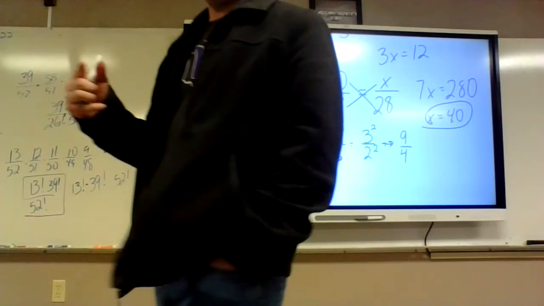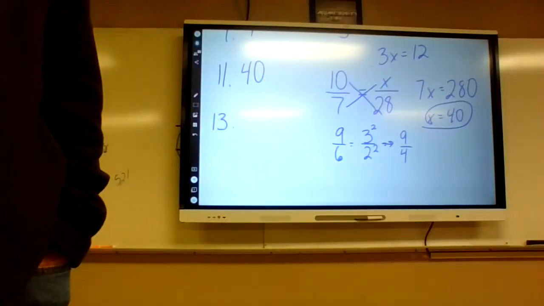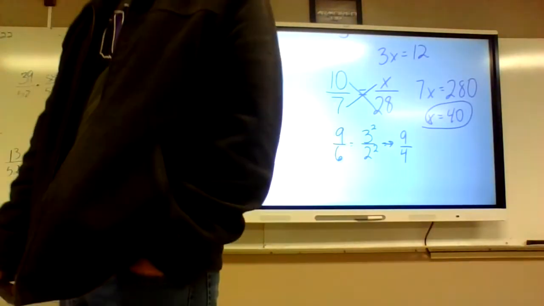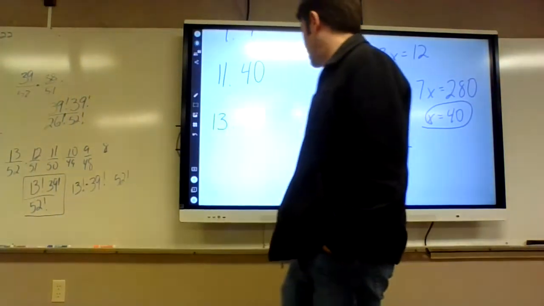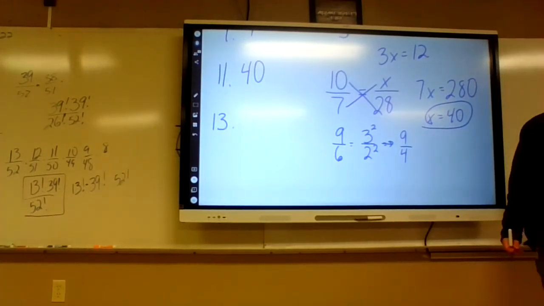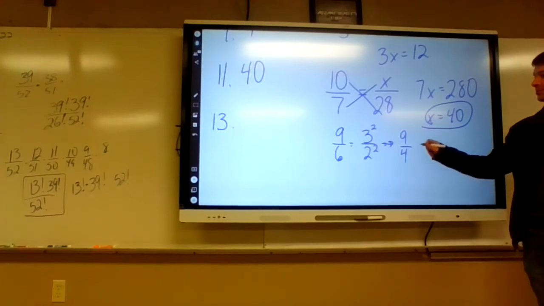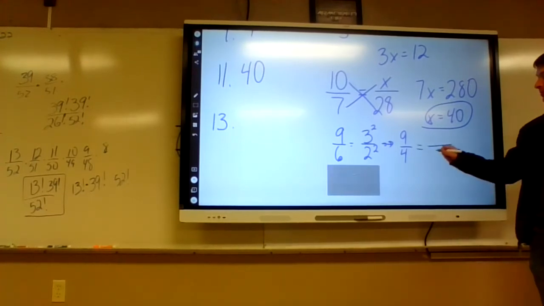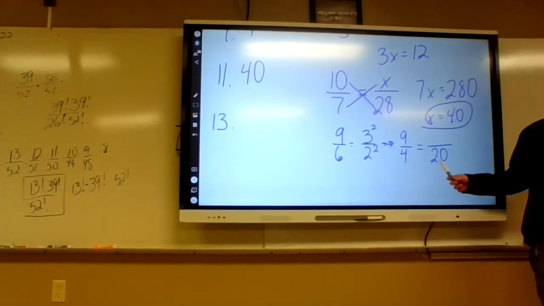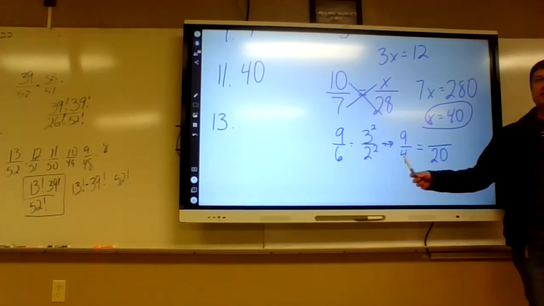Okay, what's the next thing they tell us on 13? Triangle MNO, the little triangle, equals 20 yards squared. The area is 20 square yards. Where should I put the 20? On the bottom, because triangle MNO is the little triangle, so this area should go across from the little side.